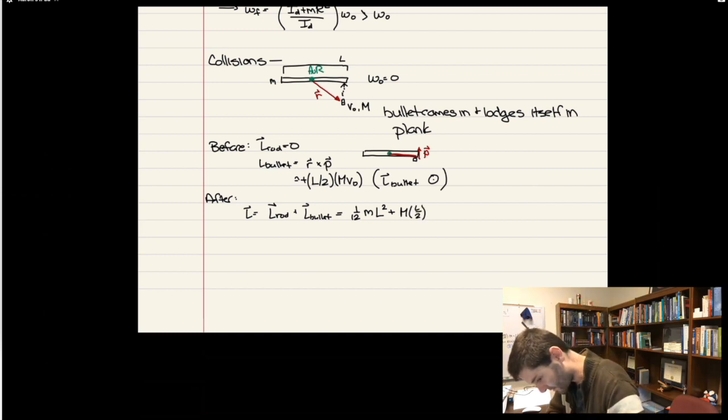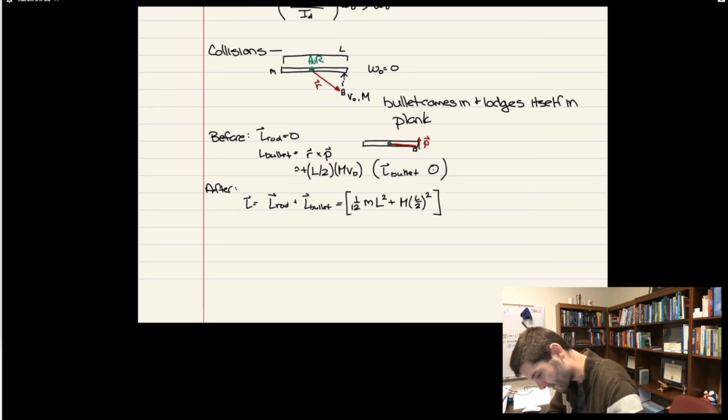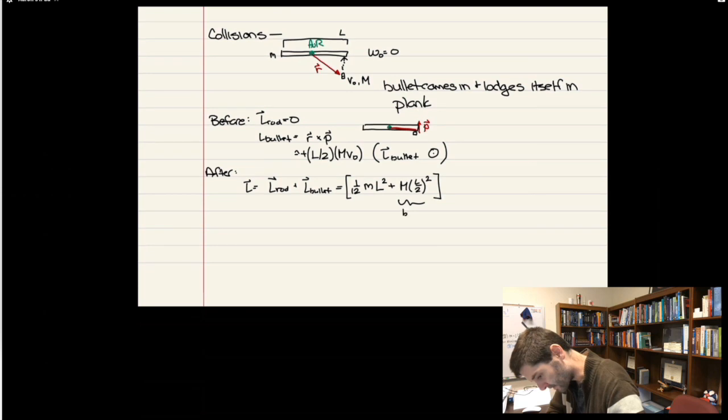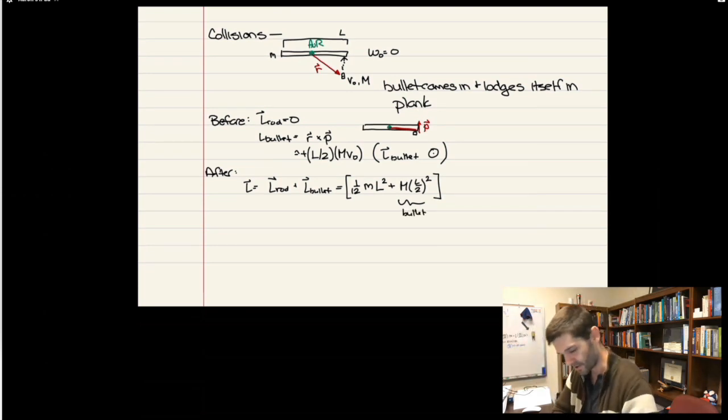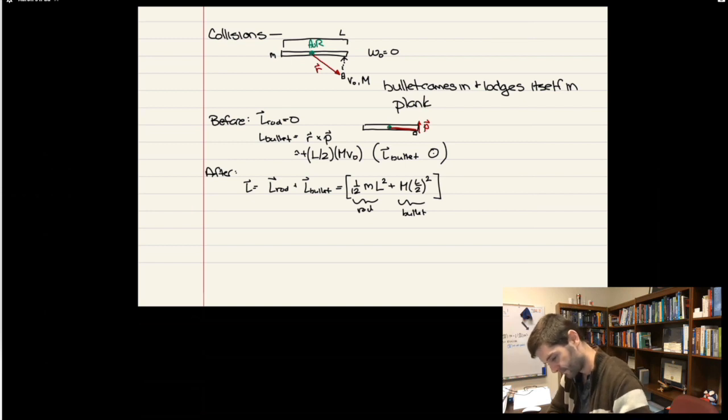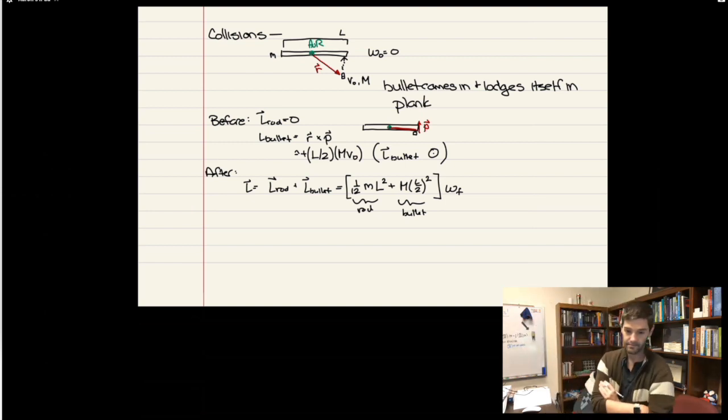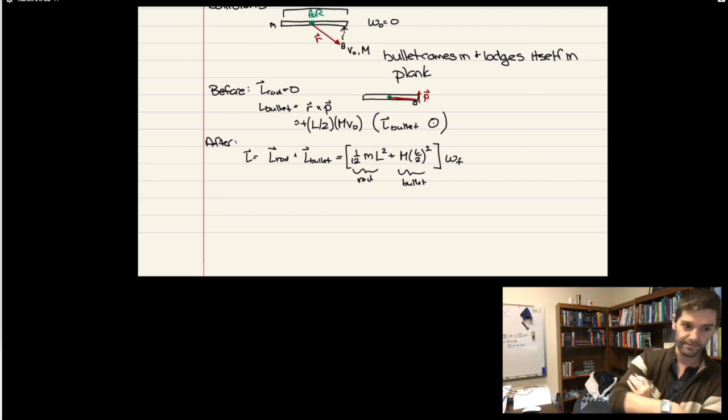It's 1/12 m L squared, and then plus the big M, L over 2 squared, the rotational inertia of the bullet that is now lodged in the, sorry, lodged in the edge. So bullet, rod. And then that all has some final angular velocity because it's all rotating together.